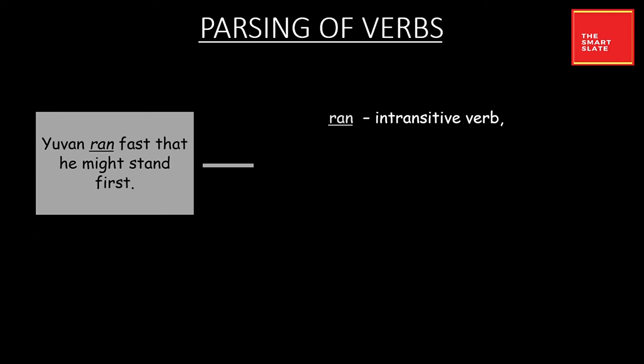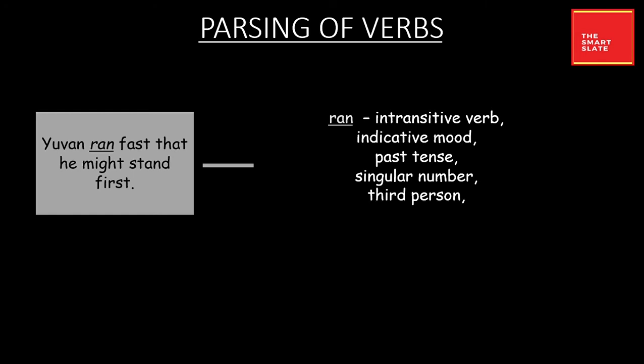So if you all want to know the meaning of transitive and intransitive verbs, ergative verbs, difference between ergative and ambitransitive verbs, everything is covered. Check out the playlist. It's an indicative mode because it is indicating something. The verb is in past tense, singular in number, for the third person, and it agrees with the subject Yuan.